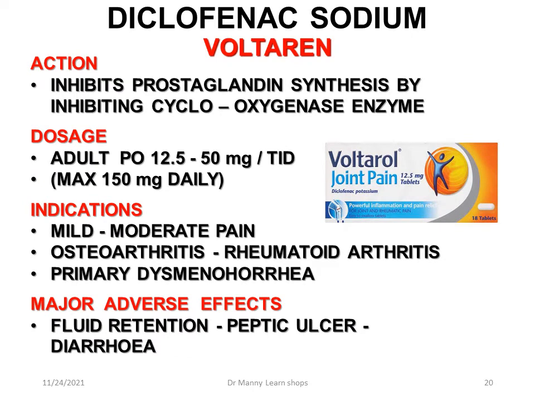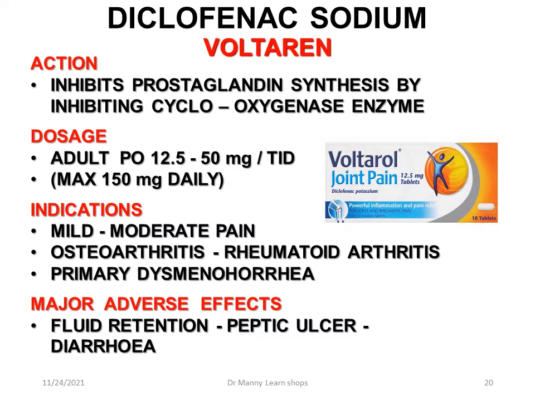Then you've got one of my favourites for pain, diclofenac sodium, Voltaren. And this medication inhibits prostaglandin synthesis by inhibiting cyclooxygenase enzyme. The adult dose is typically 12.5 to 50 milligrams with a maximum of 150 milligrams every day.